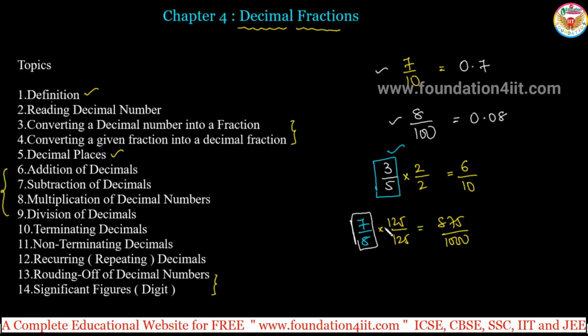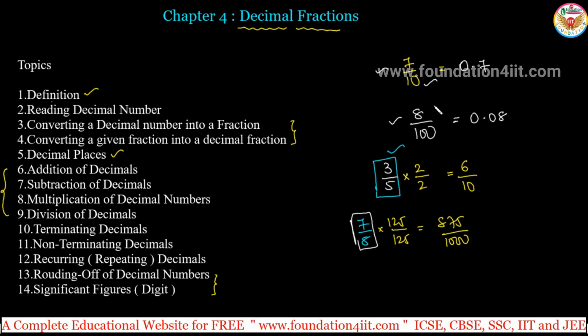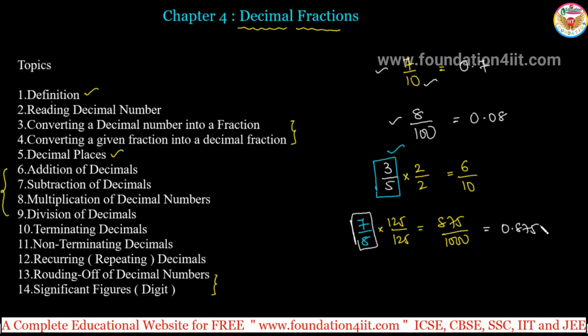Doing the divisions is secondary; I'll show it in the concepts one by one. The main thing is what a decimal fraction is: if the denominator can be expressed as 10 or a power of 10, it is a decimal fraction. Now 875 by 1000 is 0.875 because there are 3 decimal places.